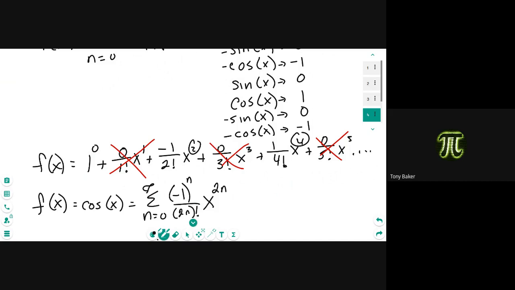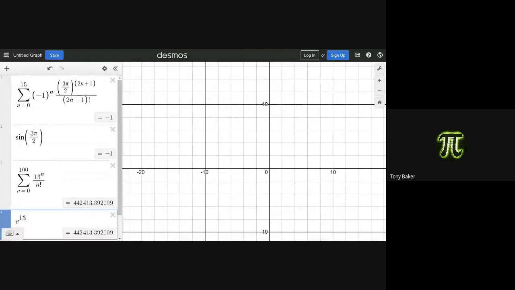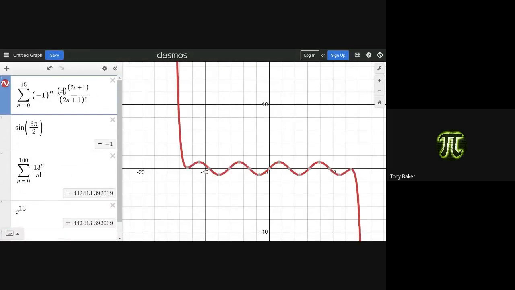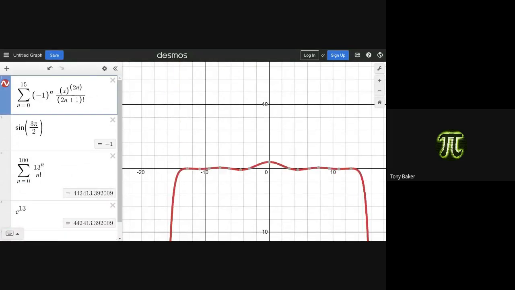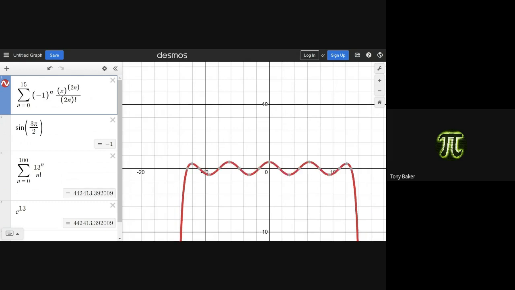So we now have cosine. So what was it? It was x to the 2n over 2n factorial, correct? That was what it was? Yes.